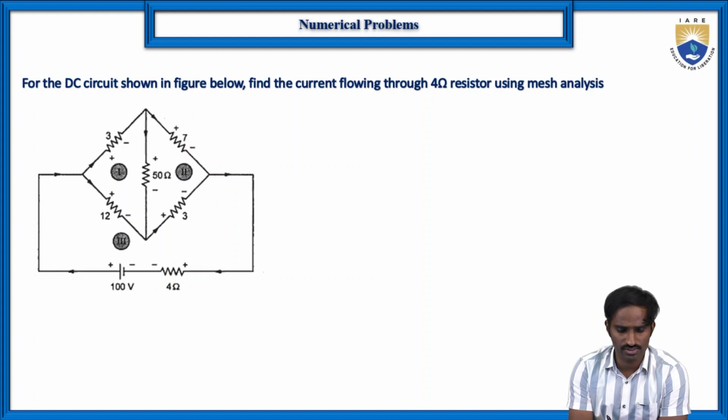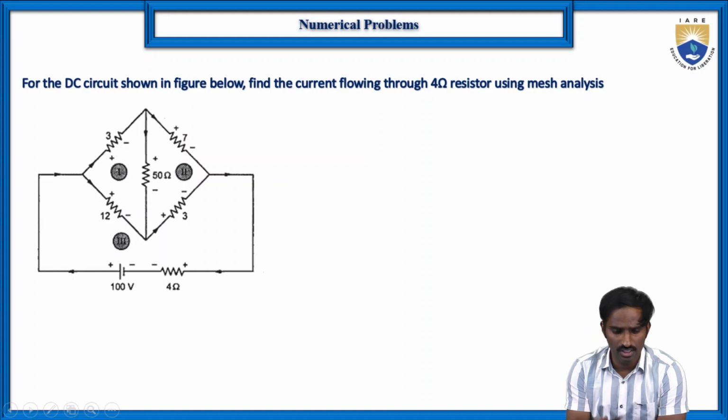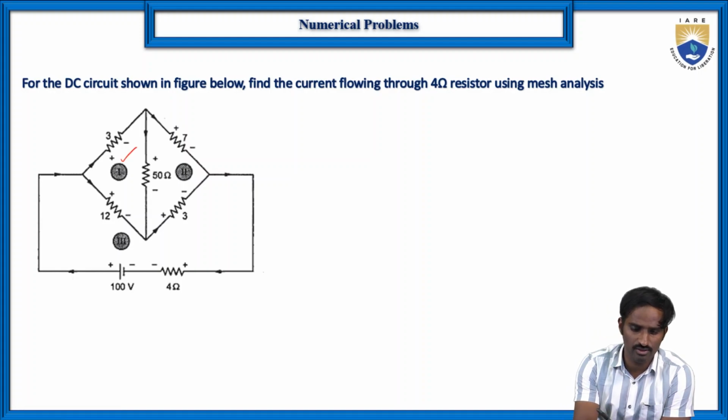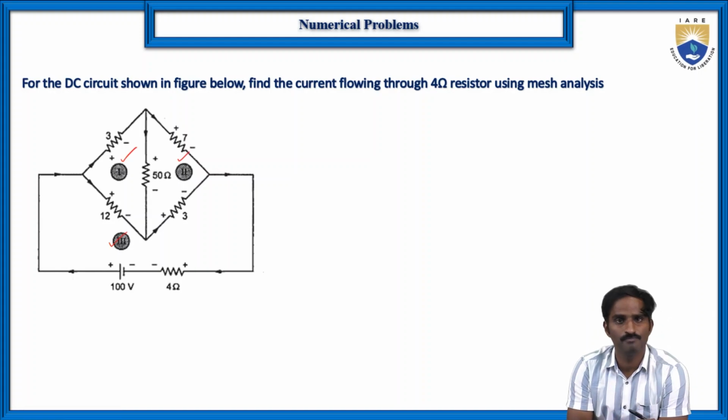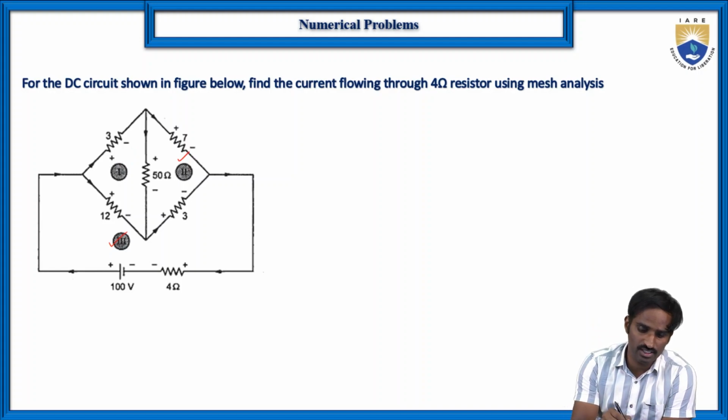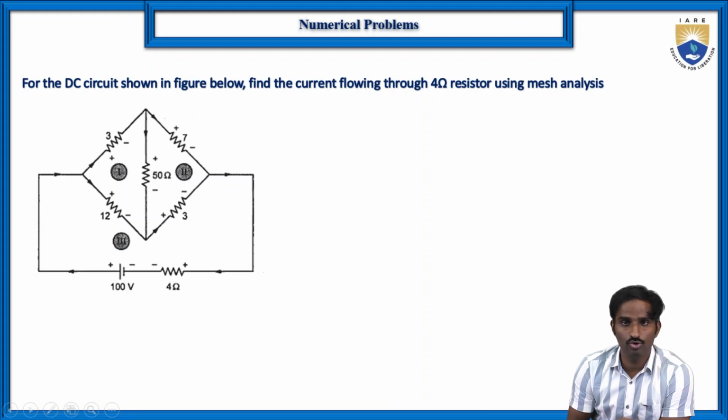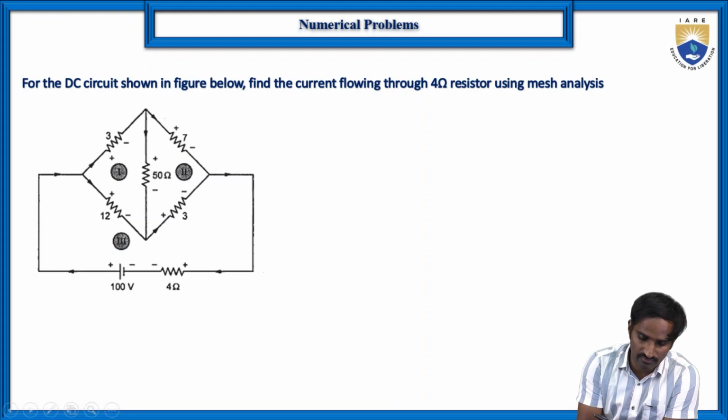Yes, here also first we should identify how many loops are there. Of course in the given problem they have already given loop 1, loop 2 and loop 3. Okay, then now we should indicate the loop current direction. In the first loop, of course, there is a voltage source, so we can draw the loop current direction something like this. This is the loop current direction. So this is I1, let us consider.